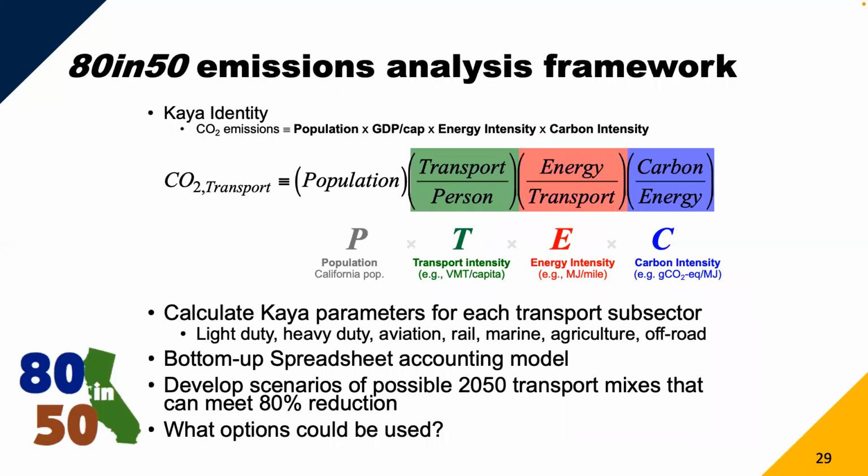And then there is another sort of decomposition method in the transport sector called 80 and 50. And so this looks at, instead of that IPAT equation, you now have transport per person, energy per transport, and then carbon intensity.